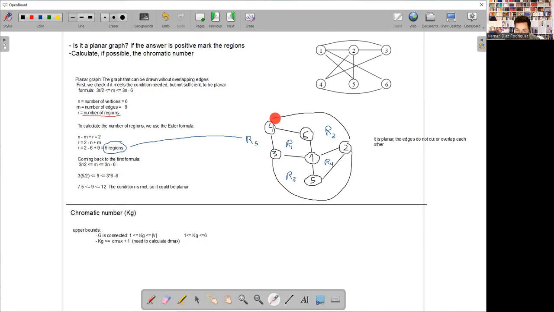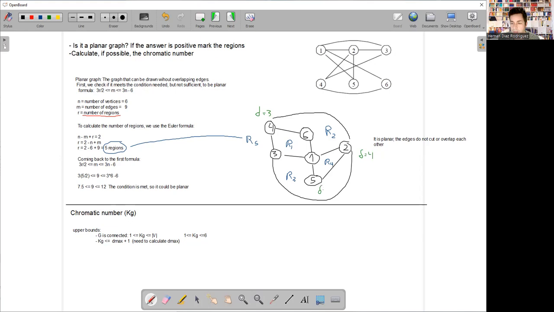So for instance, for 4, we have a degree of 3, right? Because 3 edges are incident on that vertex. So we start to count, right? So this is degree of 3. This is a degree of 4 for 2.